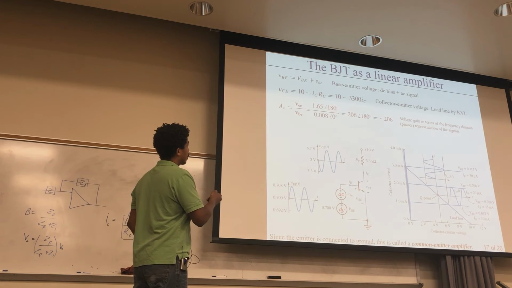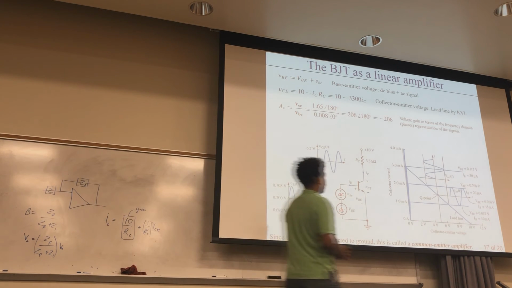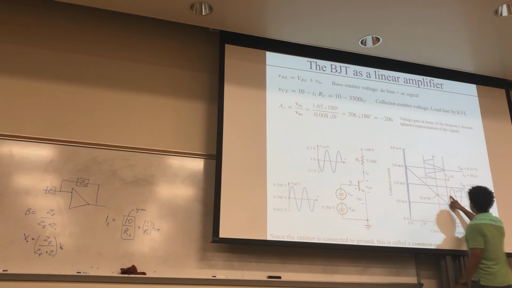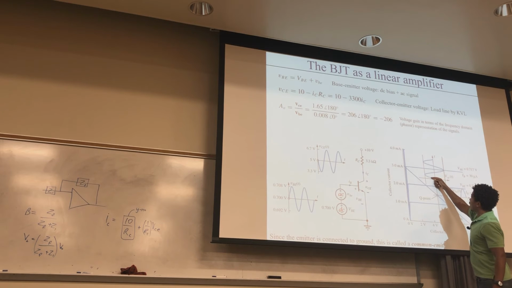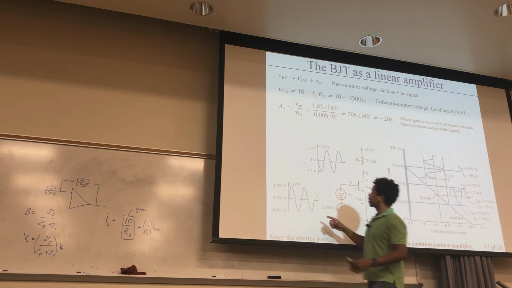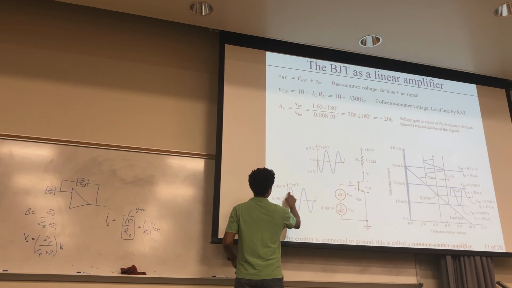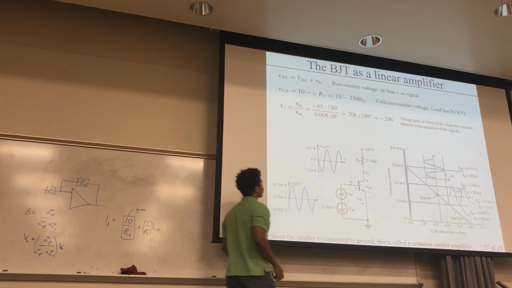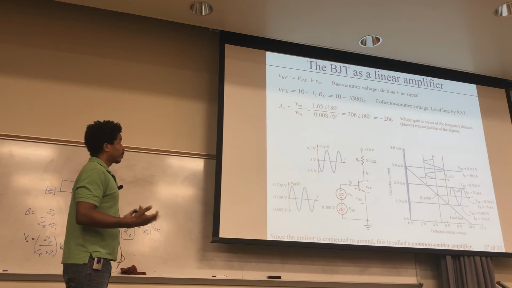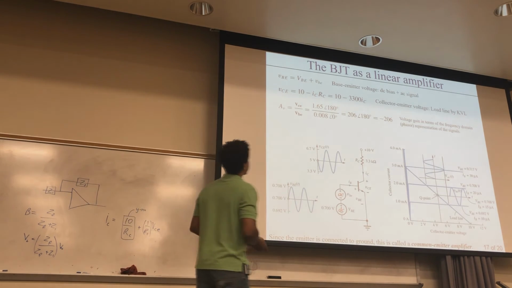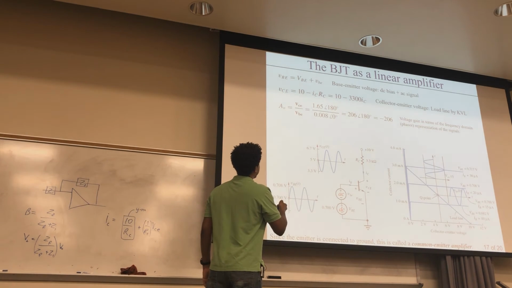And it's 180 degrees because you can see that here. When this is going up right here, this is going down. Or you can see it here too. As this is going up, that's going down. So they're 180 degrees out of phase, which just means it's negative. So that's what that's for.